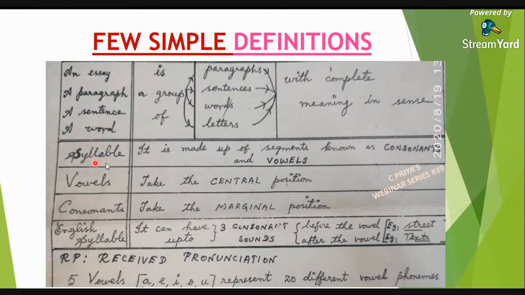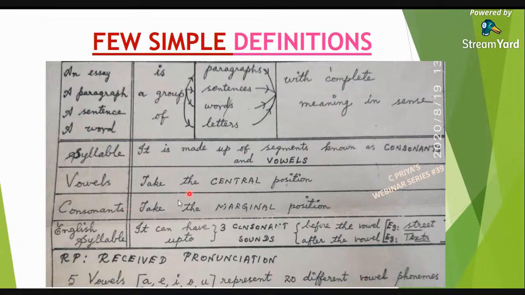few more topics. Syllable. A syllable is made up of segments known as consonants and vowels. They deal with the position of the tongue, how to pronounce vowels and consonants.